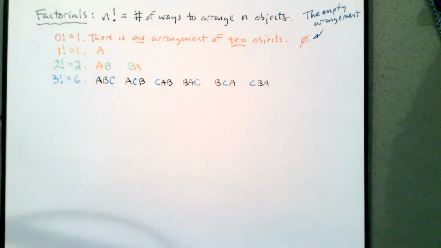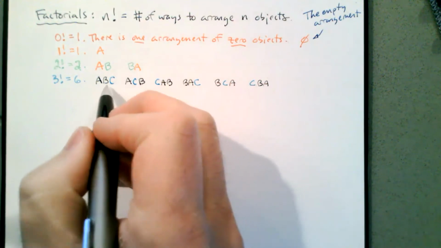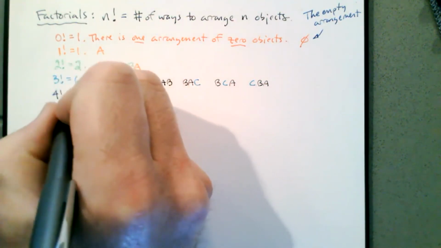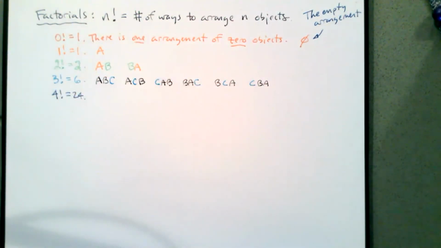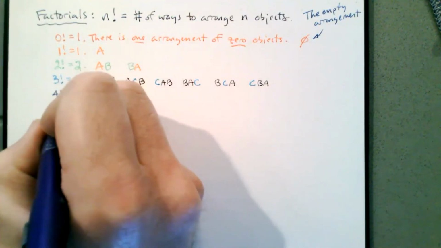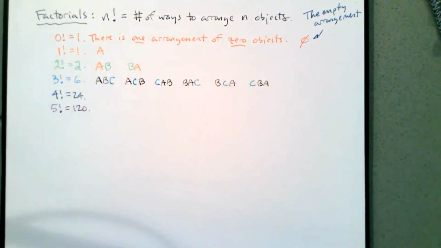Similarly, 4 factorial is going to be 24, because of the 6 arrangements of 3 objects, I have 4 places I could put a 4th object. There are 24 arrangements of 4 objects, and there are 120 arrangements of 5 objects, and so on.